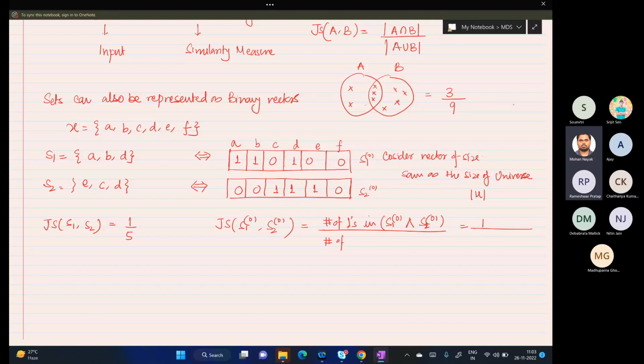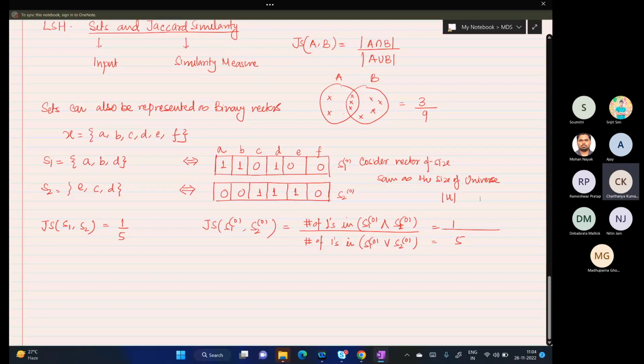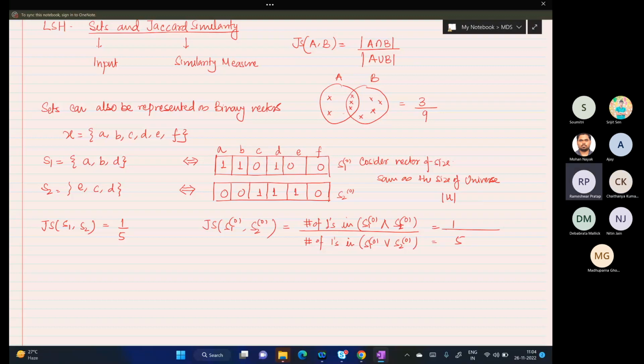It is OR: the number of ones in S1O OR S2O, which is 1, 2, 3, 4, 5. So this is 5. The idea is that we can represent a set as a binary vector equivalently. The O in S1O is just a notation, nothing special about it.